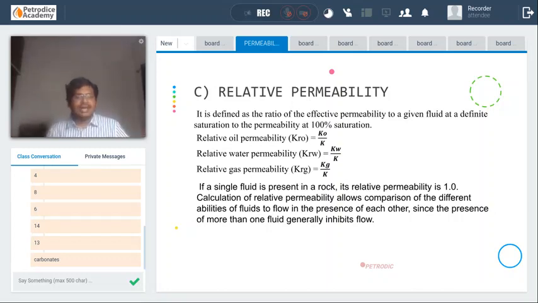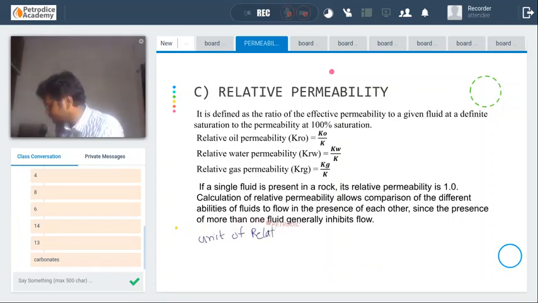Relative permeability of gas is defined as the effective permeability of gas to the absolute permeability. Okay, and do remember the units of relative permeability is nil. It does not have any unit, that is dimensionless.